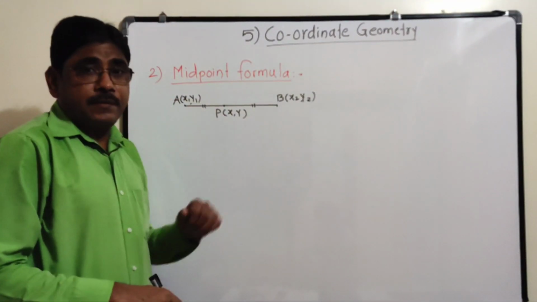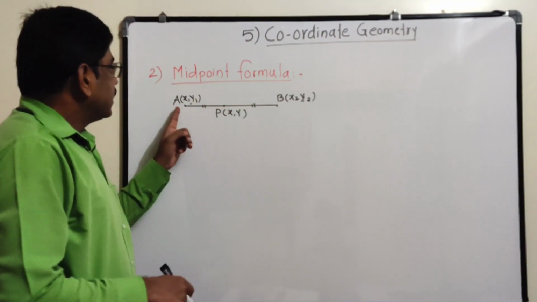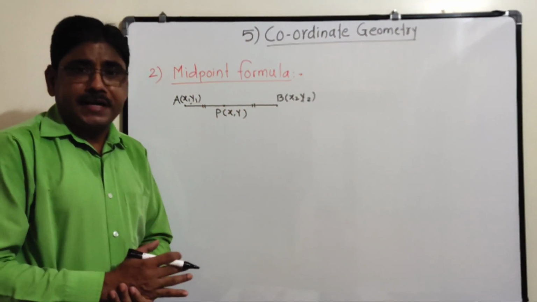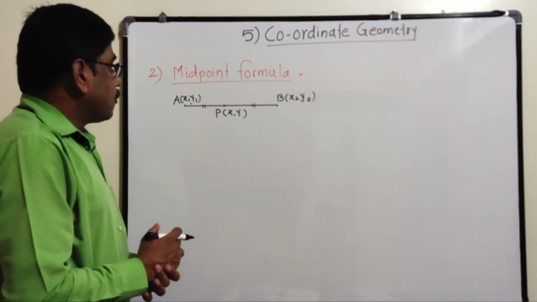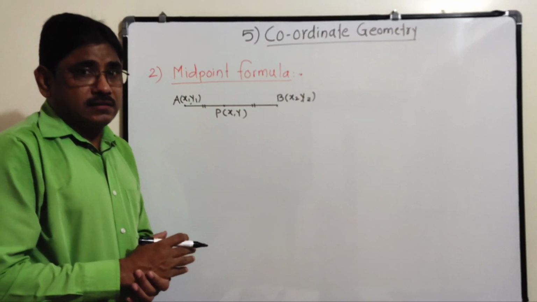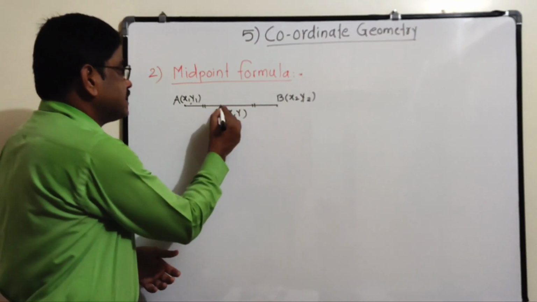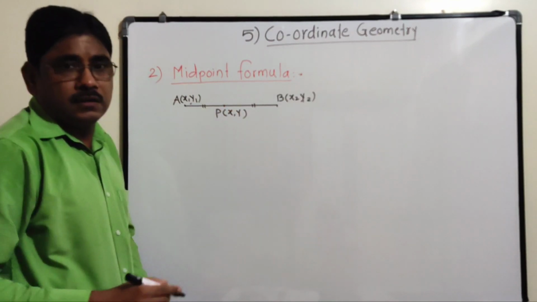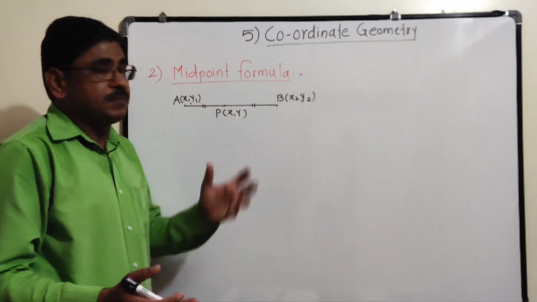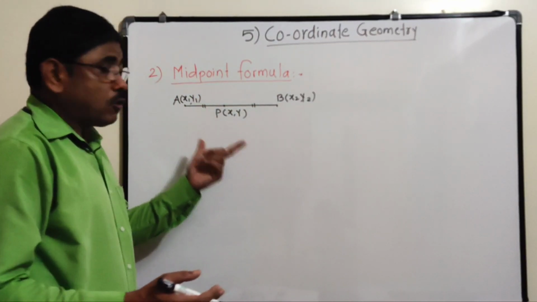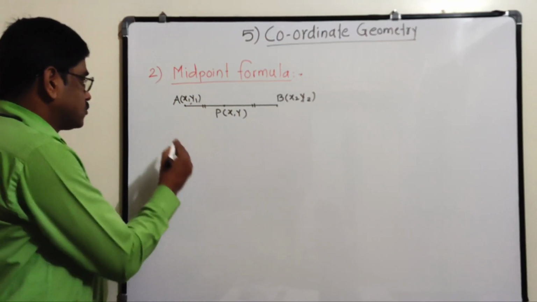Now let us see the midpoint formula. In this figure, A and B are 2 points, A(x1, y1) and B(x2, y2). Now P(x, y) divides AB into 2 equal parts, that means P is the midpoint of segment AB. Then how will we get the coordinates of that point P? To get the coordinates of point P, we have to use the midpoint formula. So how to write?